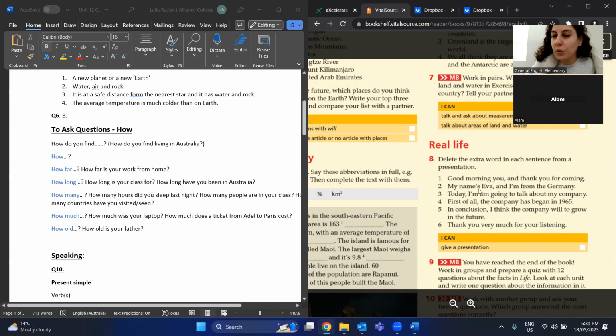Number 2, Roxana, where is there a mistake in this sentence? My name is Eva. I'm from Germany. Germany is fine. I'm from Germany, so no the.